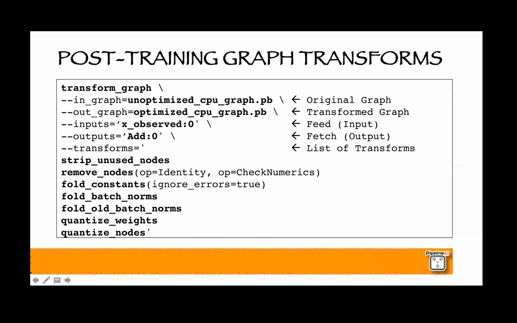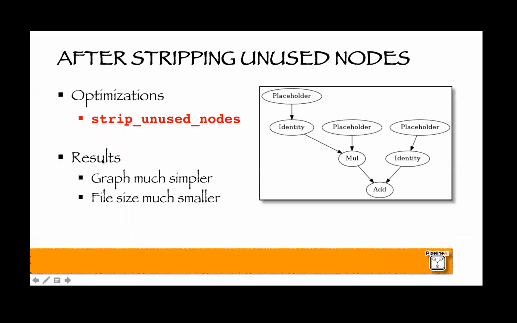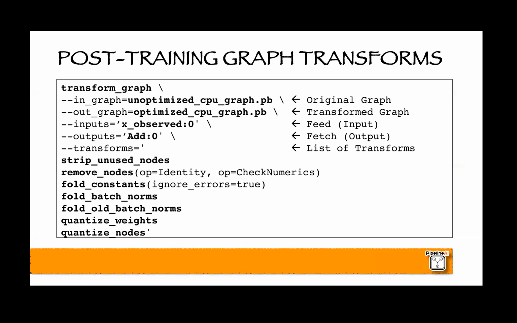This is one command that does all 7 of these things, but I'll show it step by step. This is the very first one, strip unused. Notice that I'm giving it the unoptimized model, which we had just trained, and the output, which is called optimized.